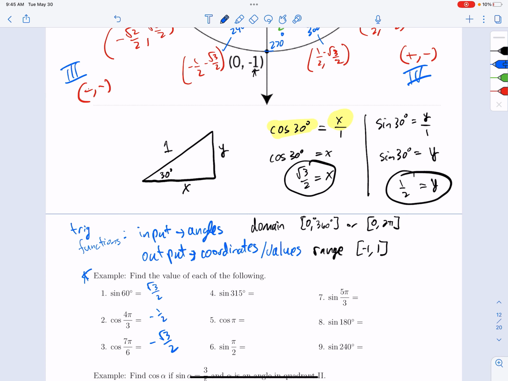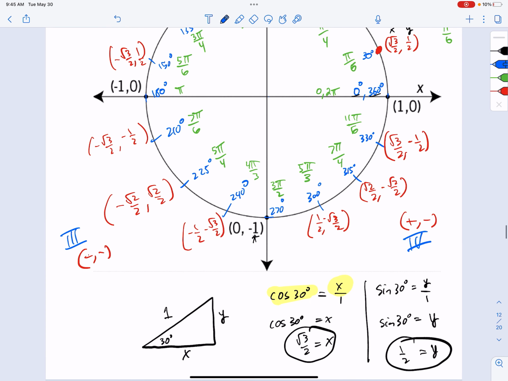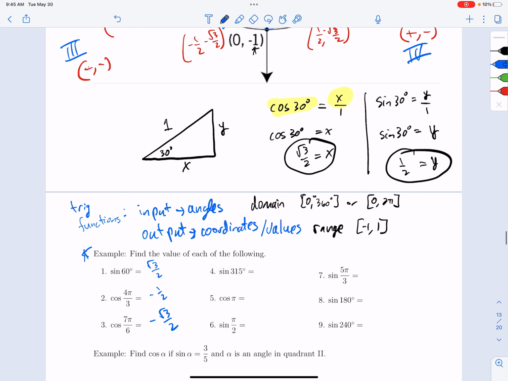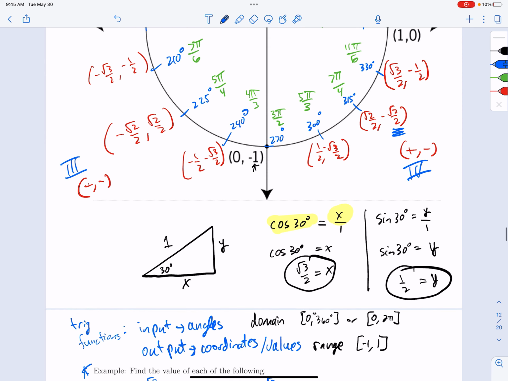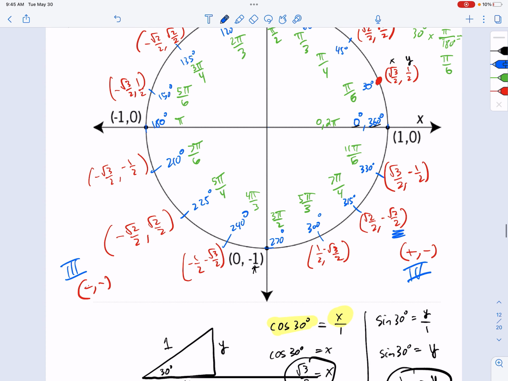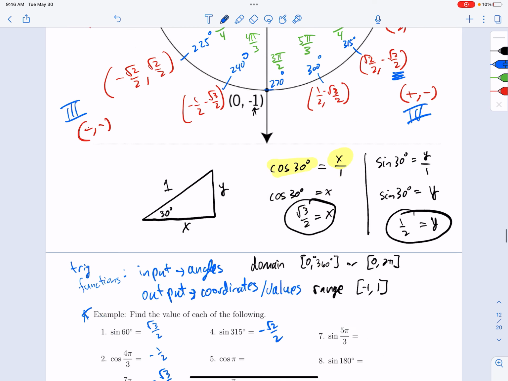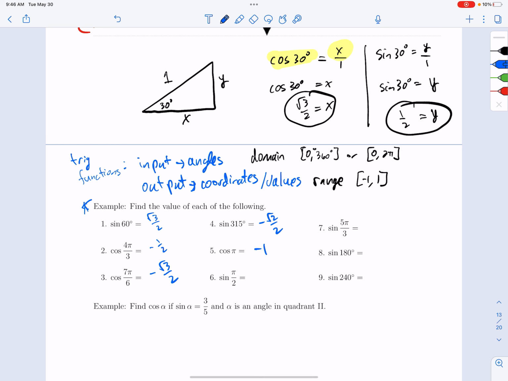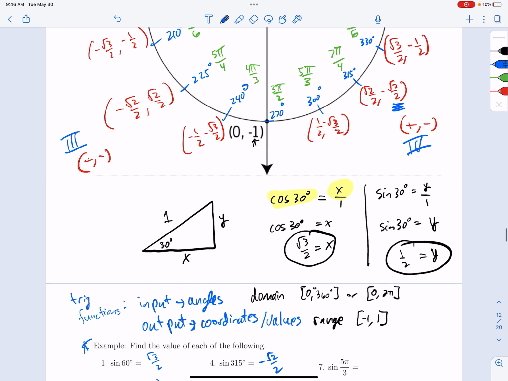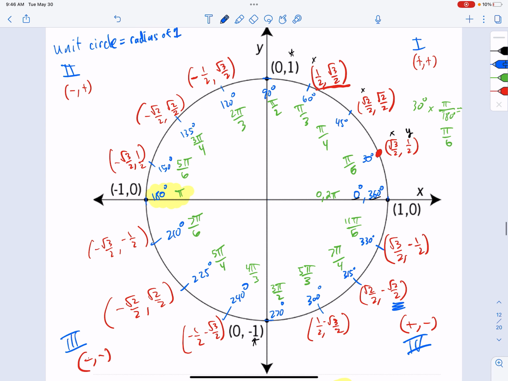Okay, so sine of 315 degrees, that's in quadrant 4. Sine is the y coordinate, so that's negative root 2 over 2 right here. Cosine of pi. Pi is halfway around the circle. That's over here. Cosine again is the x-coordinate, so negative 1. Sine at pi over 2. Pi over 2 is up here.